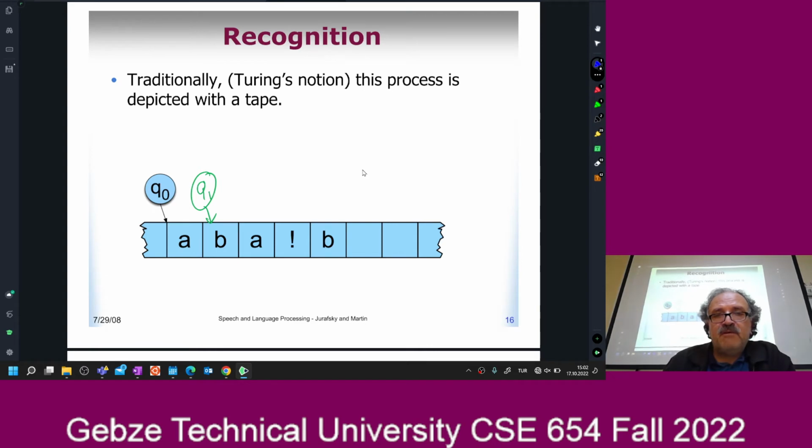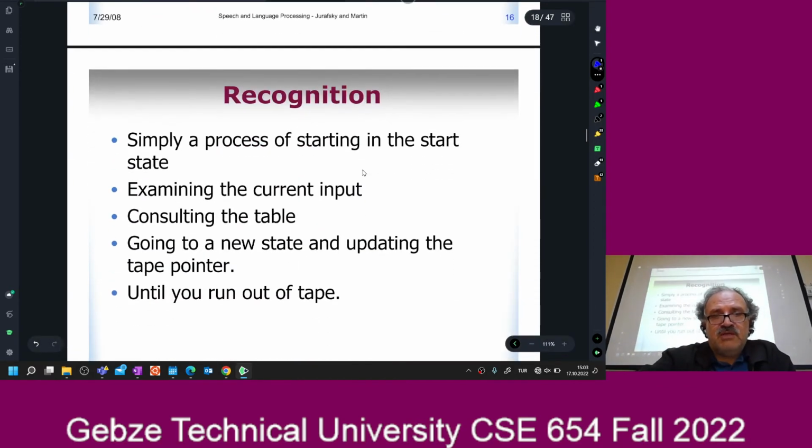We say that our input is written on a tape, like a regular Turing machine, and we read this tape and update our states. If at the end I am at a final state, then I recognize it. That's how Turing's notation works here.